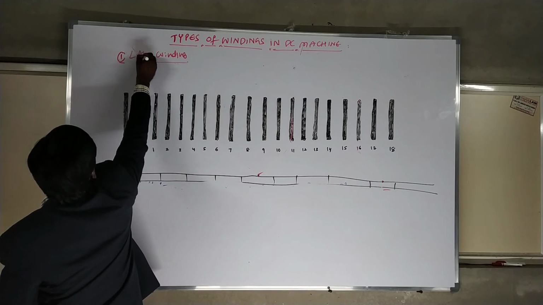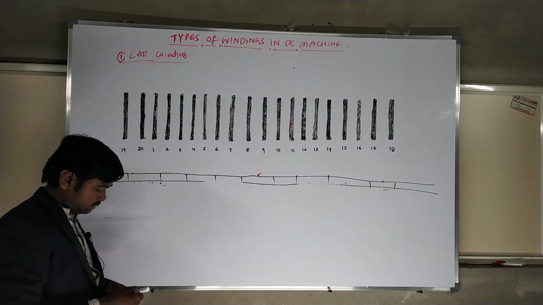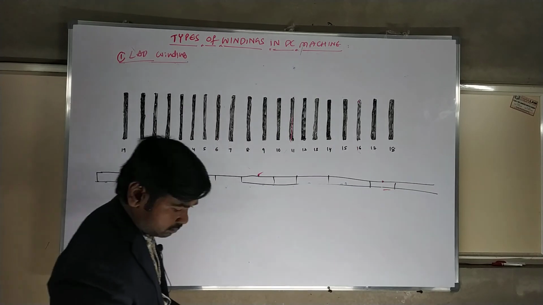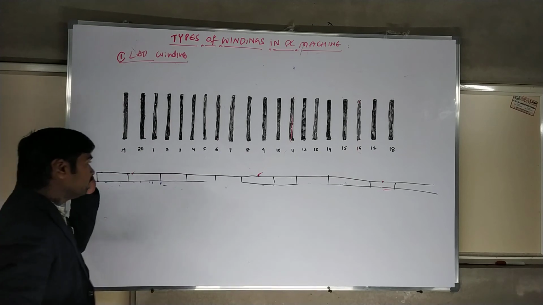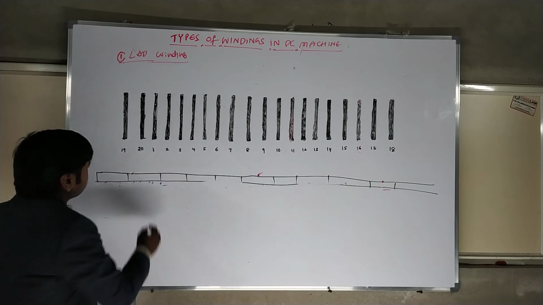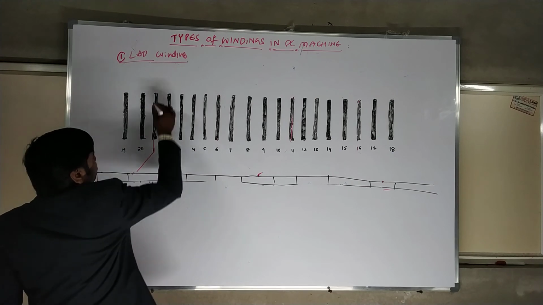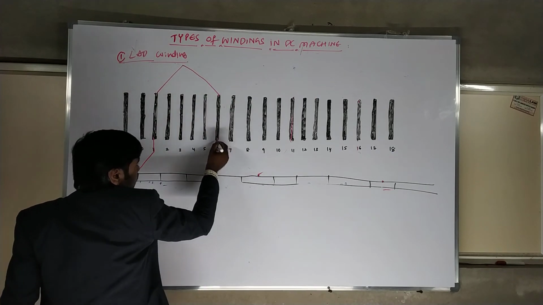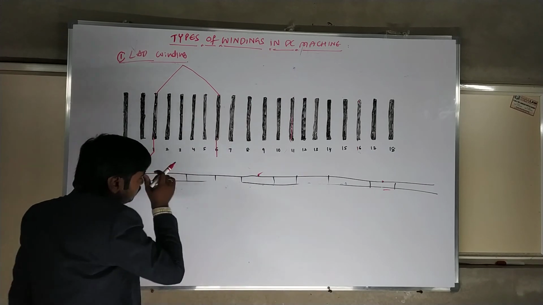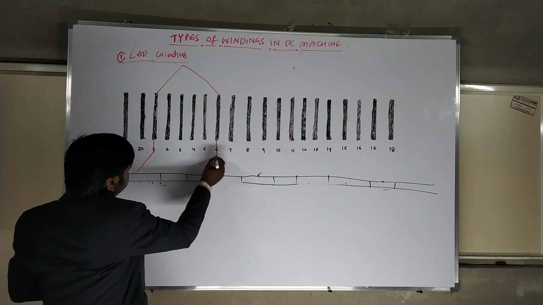Now, lap winding. How does the lap winding take place? Look at the figure here. First you go to this conductor. This first conductor goes and connects over here. After the sixth conductor, this sixth conductor should not go further, it will come over here.